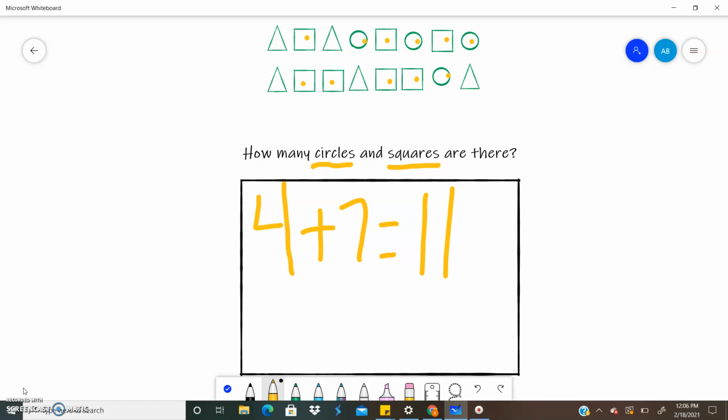Also, we could have used touch math, and we could have said 7 and then counted up and put a dot for each time we count up. So 7, 8, 9, 10, 11. Another strategy would be to use your number line. Okay, so how many circles and squares are there? There are 11.